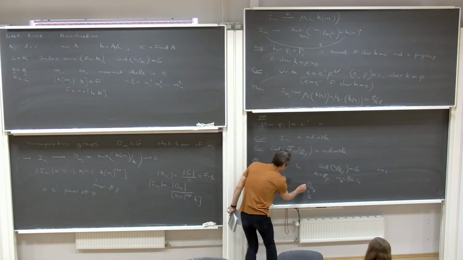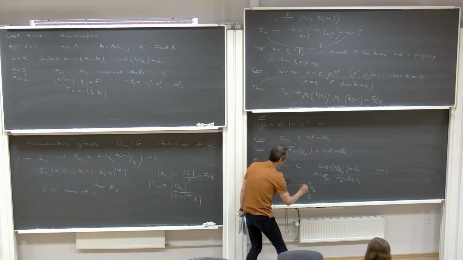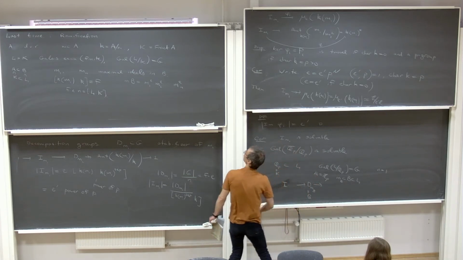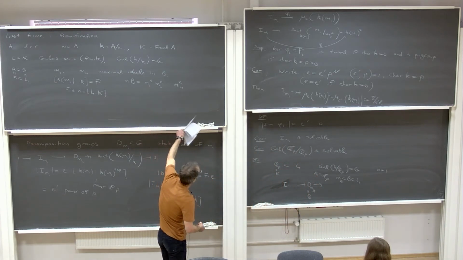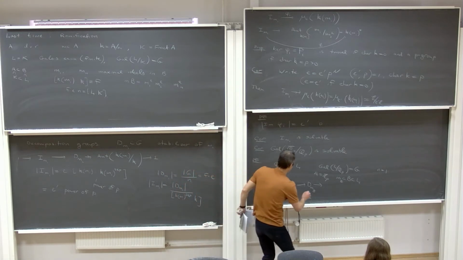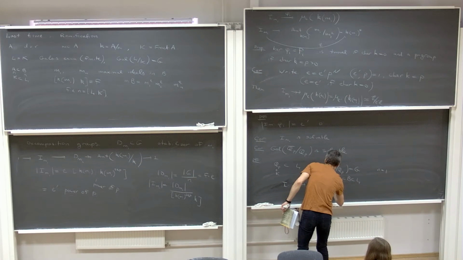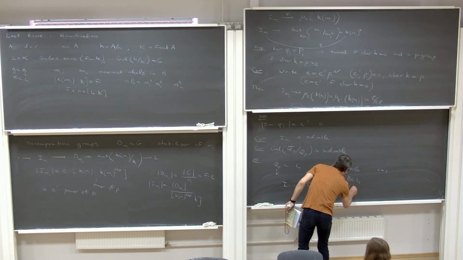And here I have the inertia group, and I already know that it's solvable. And the quotient is the Galois group of the residue field extension, K of M B over K. Well, in this case, it's FP.